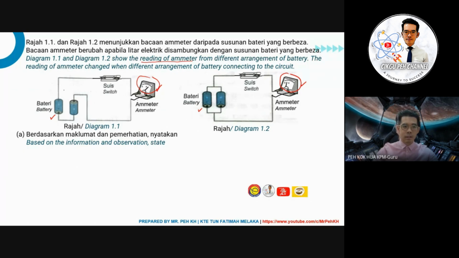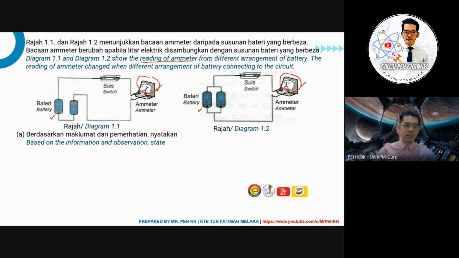You can see the question does not give you the type of arrangement in diagram 1.1 and 1.2. So you need to identify on your own the type of arrangement of the battery in both diagrams, and what the change in the ammeter is.